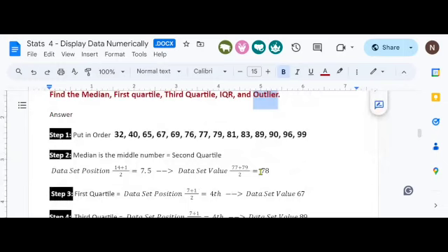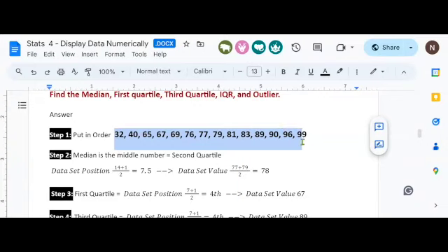Always you have to put the numbers in order, from smallest to largest. Step 2, find the median. What's the median? It's the middle number, right? How many numbers total do we have? 14. Okay. So 14 means 7 and 7.